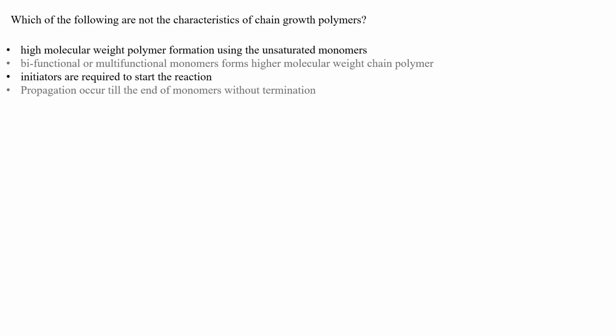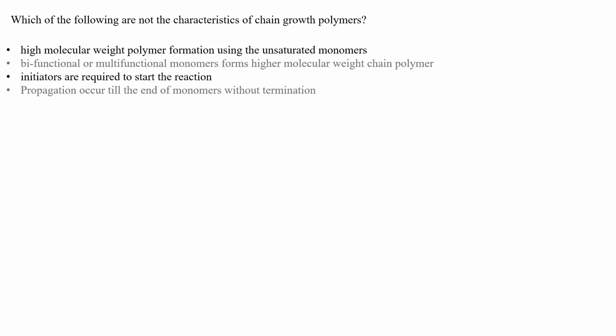So this is not the correct answer, because we are asked to find the points which are not the characteristics. Second one is bifunctional or multifunctional monomers form higher molecular weight chain growth polymers. Now, it's not necessarily guaranteed that these will form a high molecular weight polymer. Why?